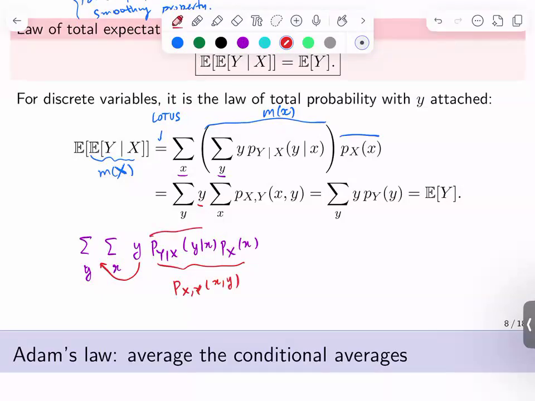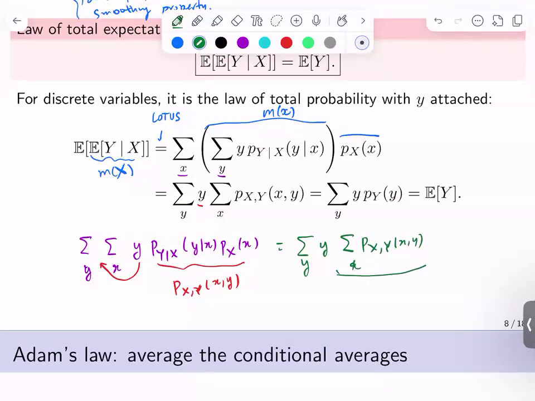If you look at the definition of this, if you plug in that definition, it's the joint divided by the marginal, and once you multiply by the marginal of x, you get the joint. So what I end up having is summation over y, summation over x of p xy, but this is the marginalization.